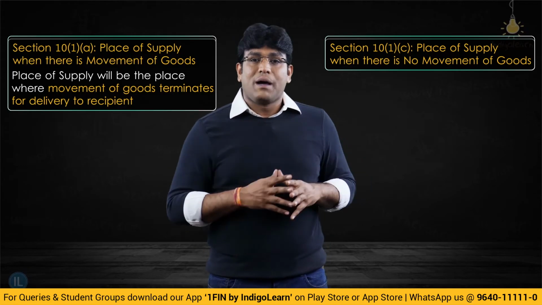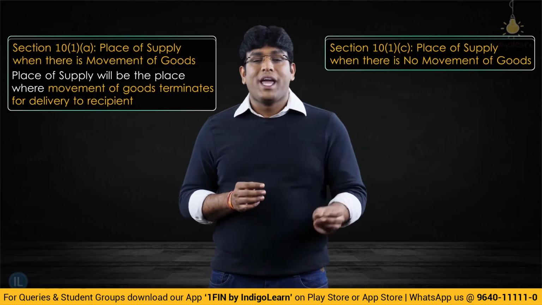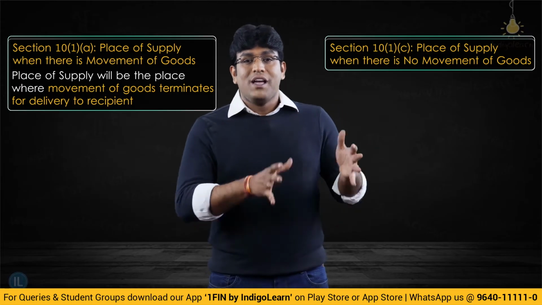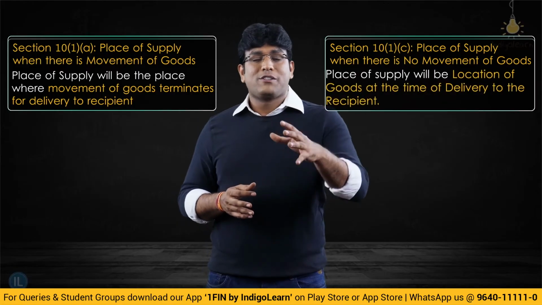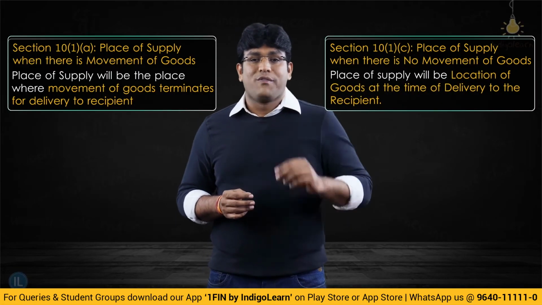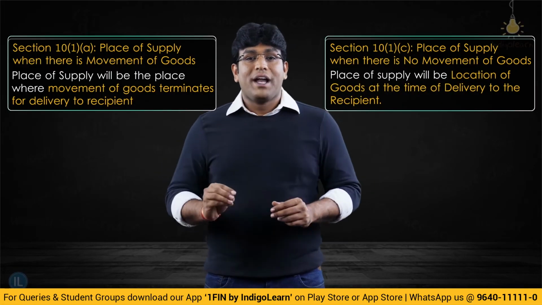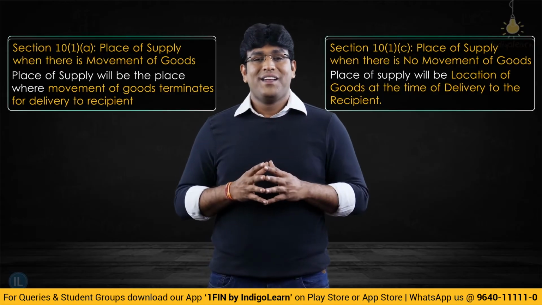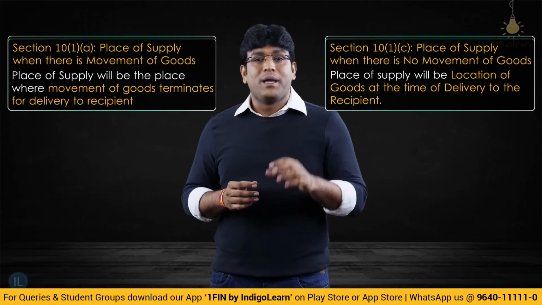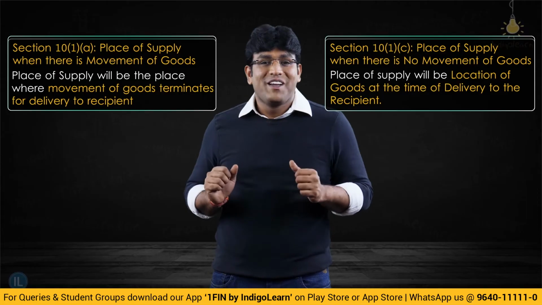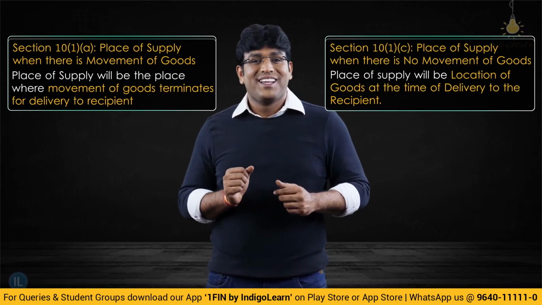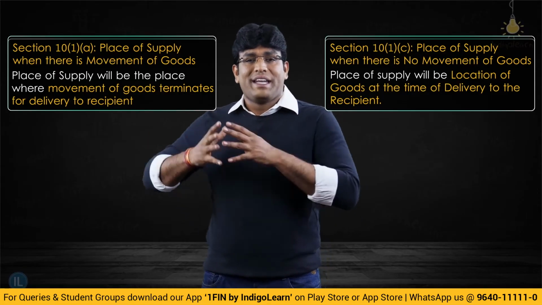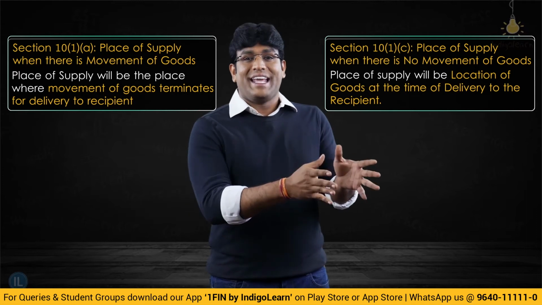And 10(1)(c) will apply to determine place of supply where there is no movement of goods, where it specifies that place of supply will be location of goods at the time of delivery to the recipient. What a brilliant language they used. So that is the story of 10(1)(a) and 10(1)(c).